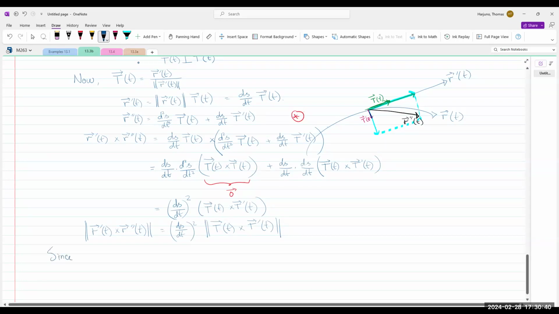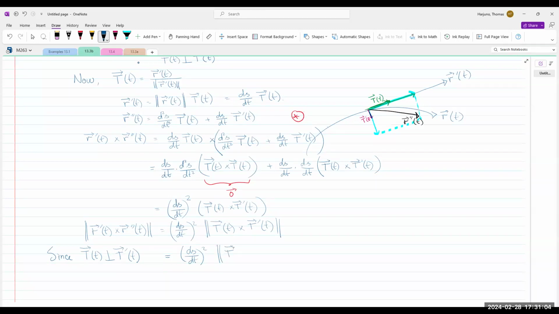Now, since the unit tangent vector is normal to the derivative of the unit tangent vector, which means the angle between them is 90 degrees, the magnitude of the cross product equals the product of the magnitudes. It's supposed to be this guy times this guy times sine of the included angle, but the included angle is pi over 2, right? Which is equal to 1.